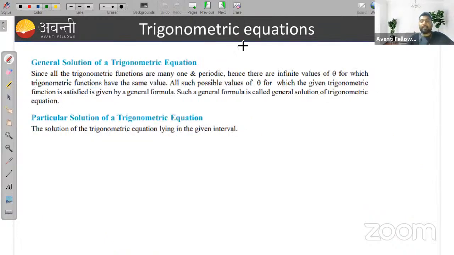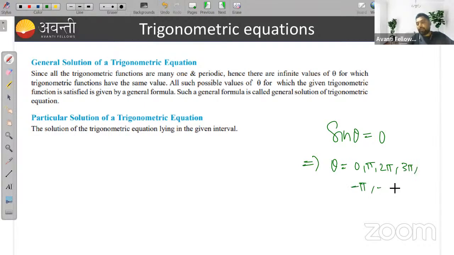Okay, so what is a general solution? I am taking a small example, sin theta is equal to 0. So what is the general solution here? Theta becomes 0, pi, 2 pi, 3 pi, minus pi, minus 2 pi, minus 3 pi, and so on.